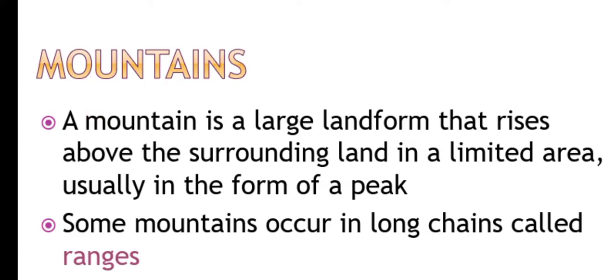The next point is some mountains occur in long chains called ranges. So the line or chain of mountains is called a range. Like if we talk about the Himalaya range, it starts from Nepal and then crosses China, then India, then Pakistan, and it has some small mountains in Afghanistan as well.